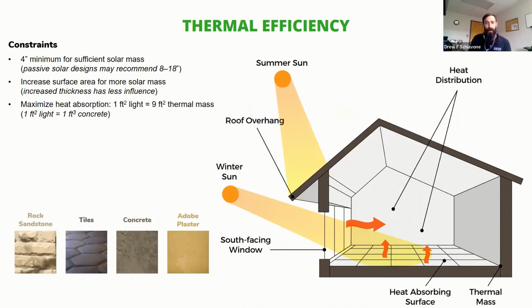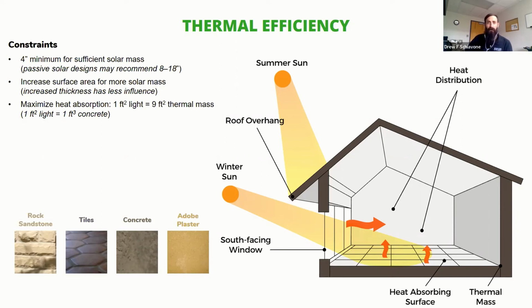You have that winter sun coming through the south facing windows, and the thermal mass, a brick or stone or something like that, absorbs the heat, and then at nighttime it dissipates that heat. And so there are some benefits there. There are some limitations to it in terms of the cost and design associated with it, but I don't have time to get too much into detail on that, but that is an option.